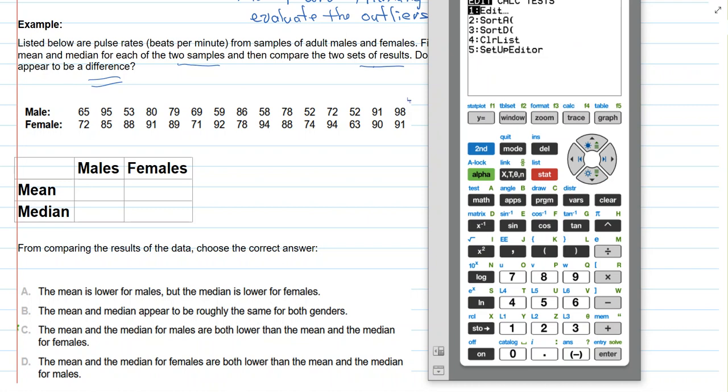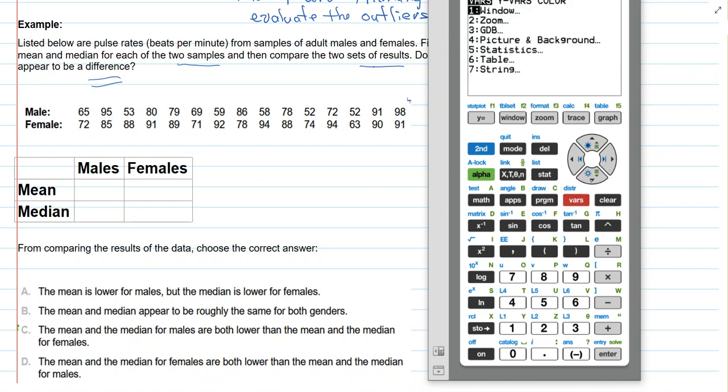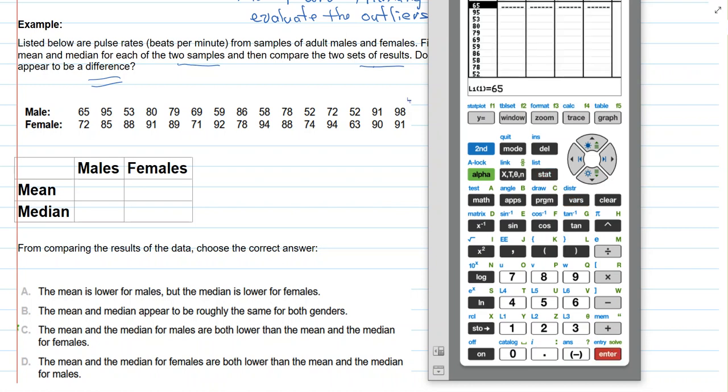Oops, sorry about that. 86, 58, 78, 52. Golly, doggone it. It's difficult on a simulator. 52, 72, and I left off a 52.